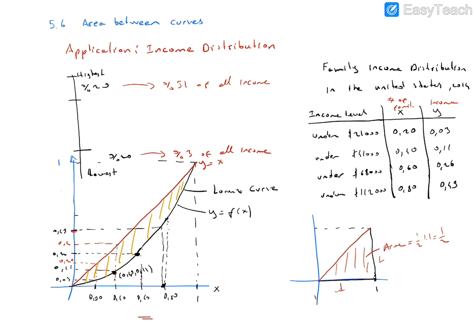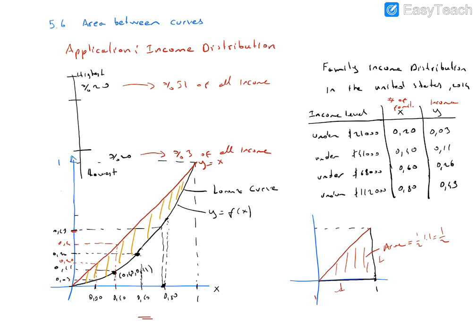Okay, in this case we would have absolute inequality. This is inequality. What that means, all the income would be in the hands of one family, and the rest of the families would have none.